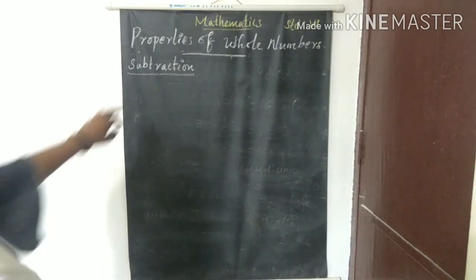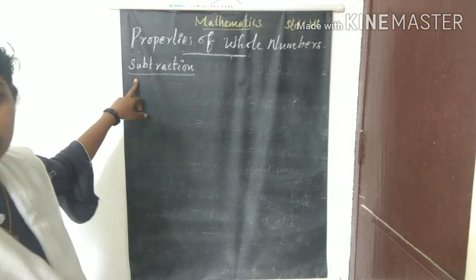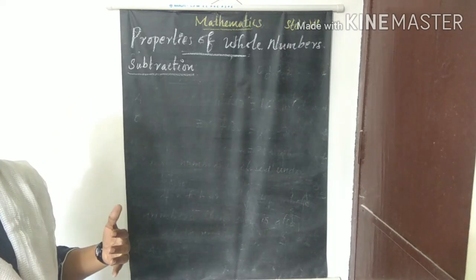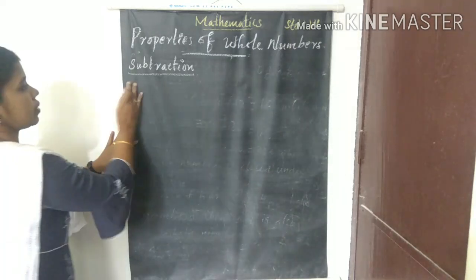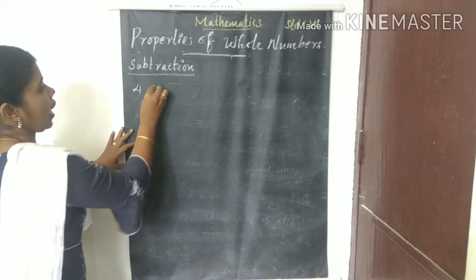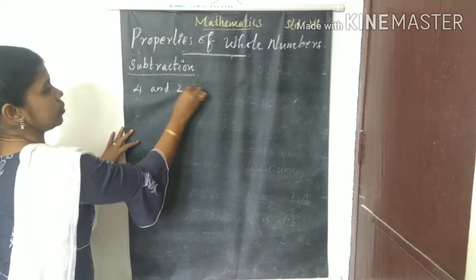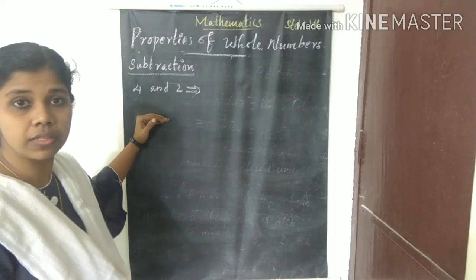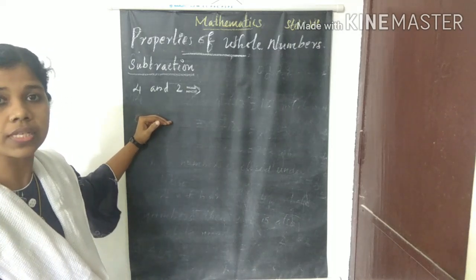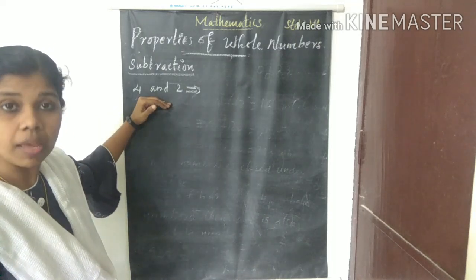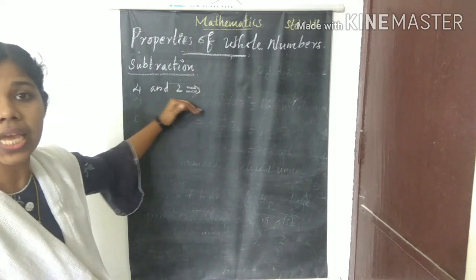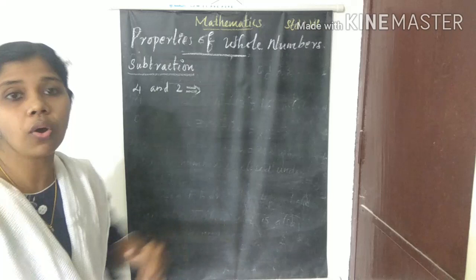Next, closure property under subtraction. Here also we take any two whole numbers. How can we find whether subtraction is closed or not? When we subtract any two whole numbers, the difference should also be a whole number.